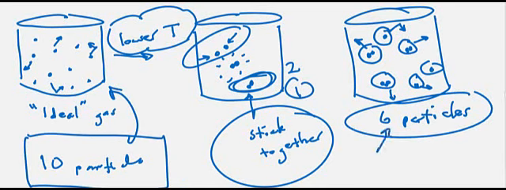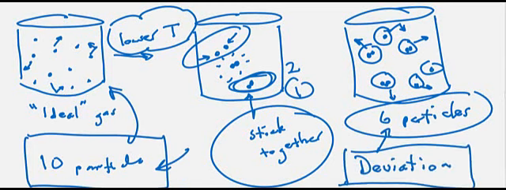Because only 6 particles instead of 10 bounce off the sides of the container, we're now going to see some deviation from the ideal gas laws.